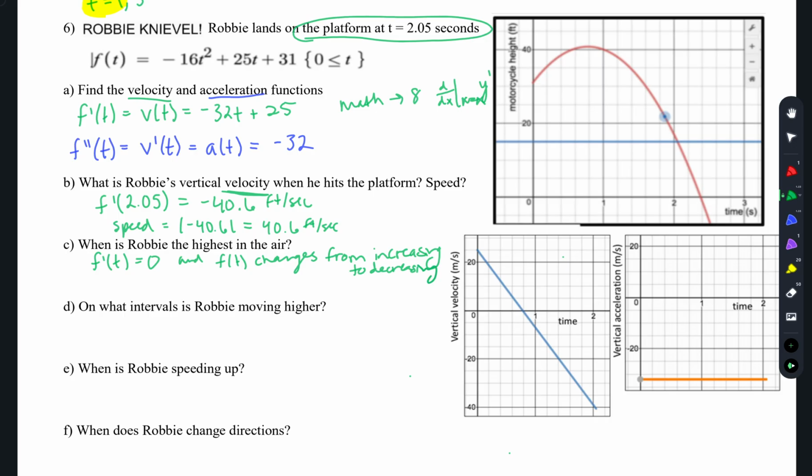Do you guys know how to say it if I said f prime instead of f of t? Yeah, exactly, positive to negative. As long as you're paying attention to f of t and explaining that, you'll be fine. So that's when you're setting that negative 32t plus 25 equal to 0 and solving it. So that is 0.7812 seconds. That's when he's highest in the air.